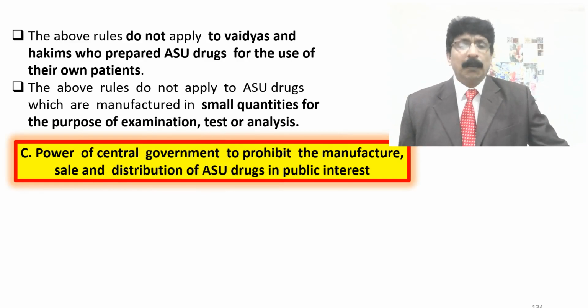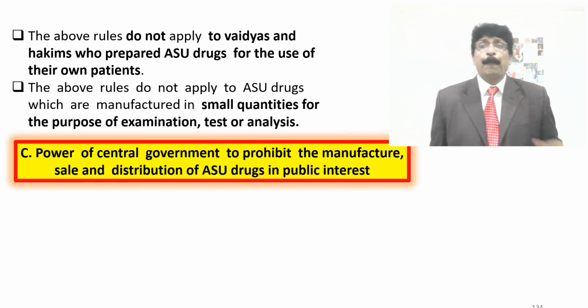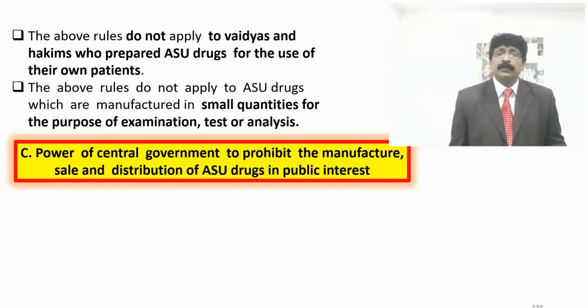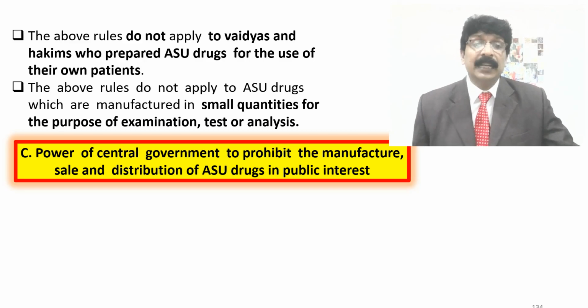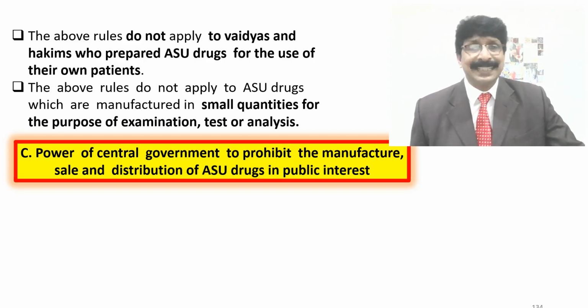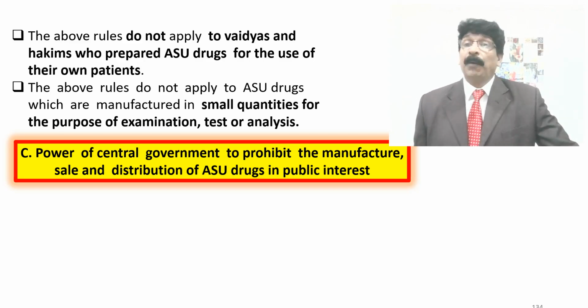Number 3, the power of the central government to prohibit the manufacture, sale and distribution of Ayurveda, Siddha, Unani drugs in public interest.